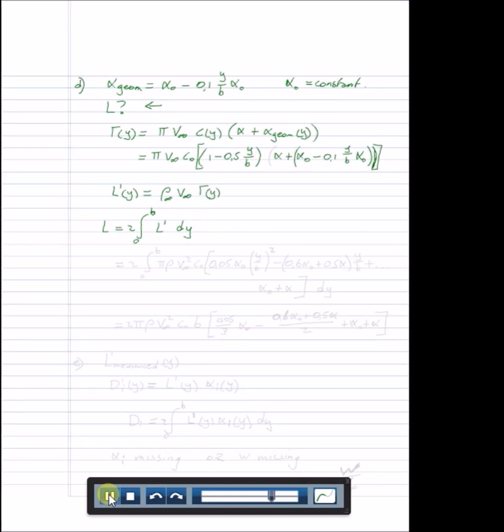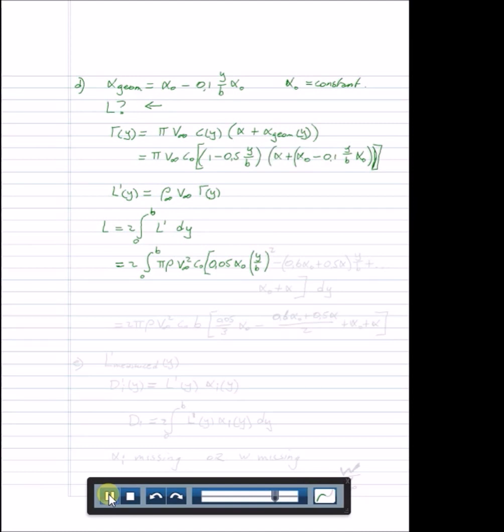Right, so we substitute all of that in, and we're going to get twice the integral from 0 to b of pi rho v infinity squared c naught, 0.05 alpha naught, y divided by b squared. Yes, I think I forgot two brackets.